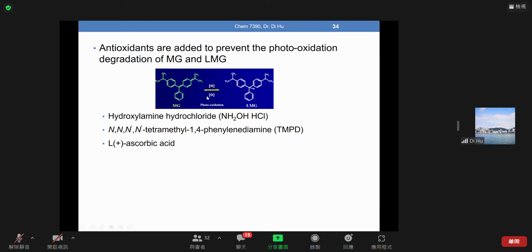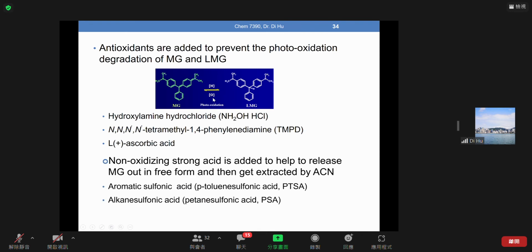The two can interchange with each other, because leucomelatonin green is the reduced form of melatonin green, and melatonin green is the oxidized form of leucomelatonin green. But both of them can be photo-degraded, and mass spectrometry found that they may undergo a nitrogen demethylation reaction. Both melatonin green and leucomelatonin green can undergo this reaction, connected to the nitrogen.